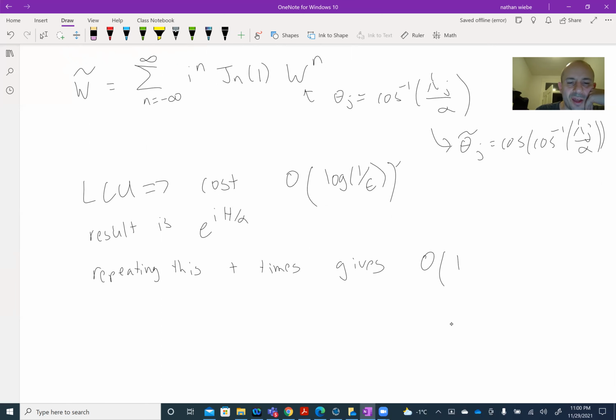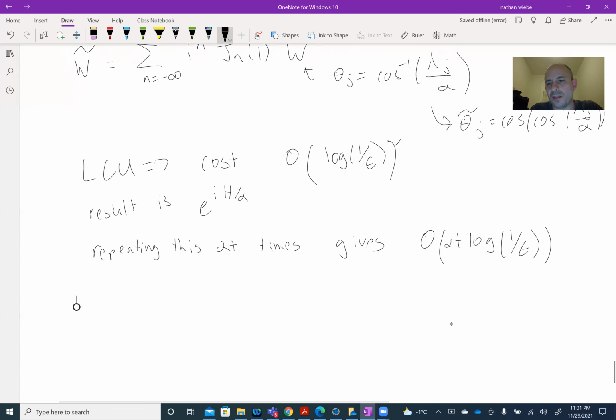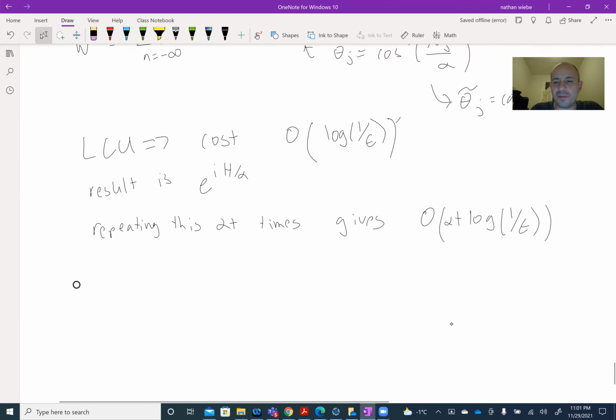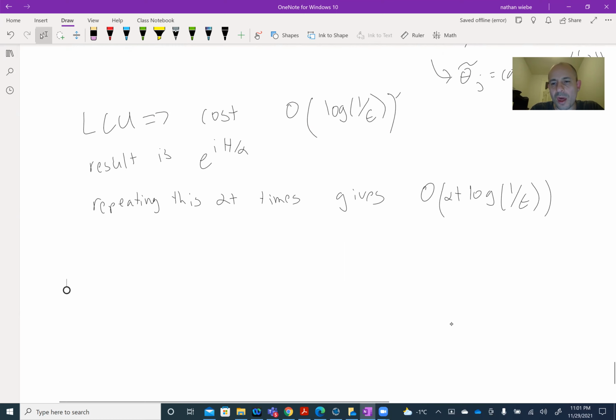Because it's divided by alpha, we get a cost that goes like alpha t log 1 over epsilon, which actually ties the cost of doing a simulation using the truncated Taylor series method. But this requires a much simpler control than we would require for the truncated Taylor series approach.